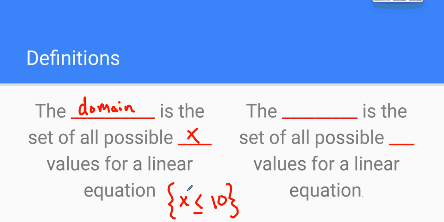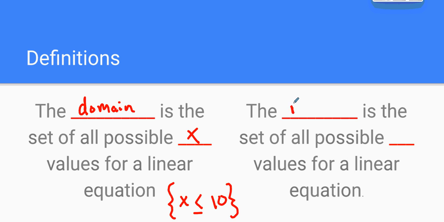In our pizza example, Sal's House of Pizza, x was the number of toppings. Well, they might not have more than 10 toppings, so in that case x isn't going to be above 10. So depending on the context or the situation that the equation represents, you might have a domain that is not infinite.